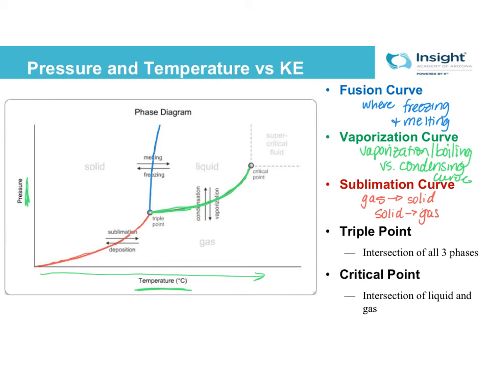If this was a water phase diagram, there'd be almost no sublimation curve. It would be very much the green and the blue curves.